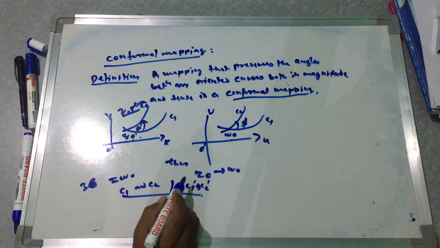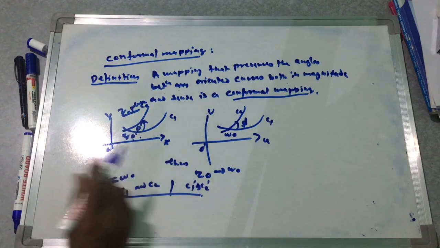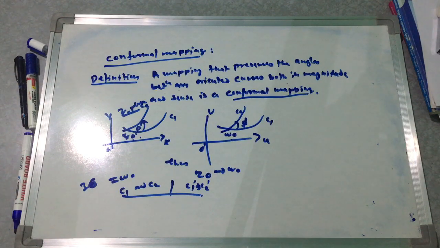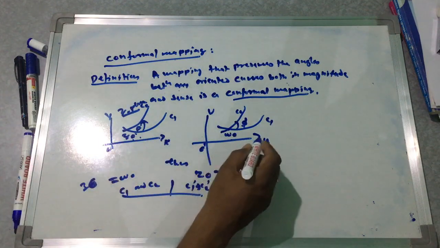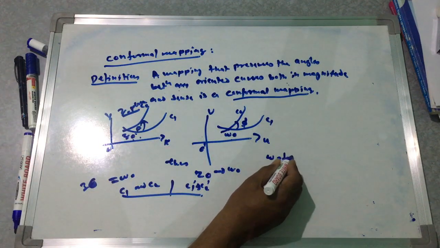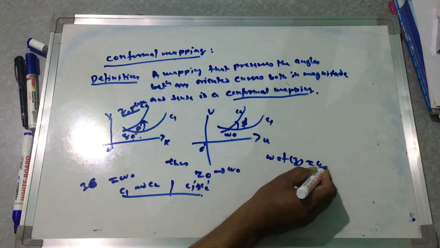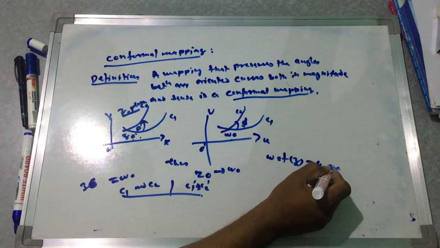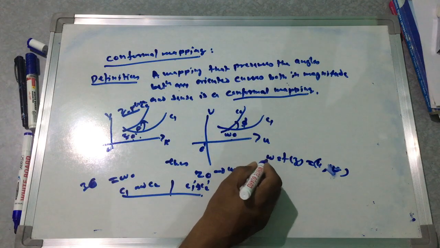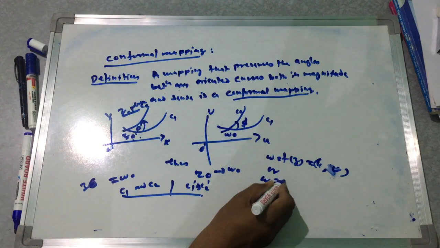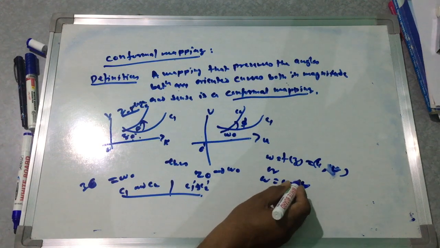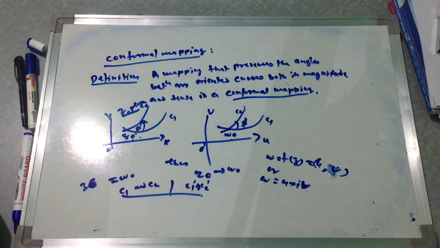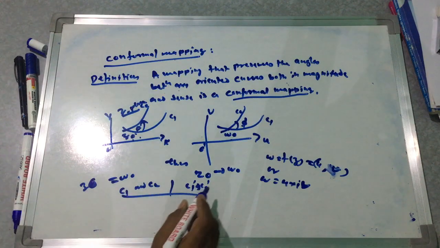Then the transformation W equals f of z equals u plus iv is conformal at Z0.